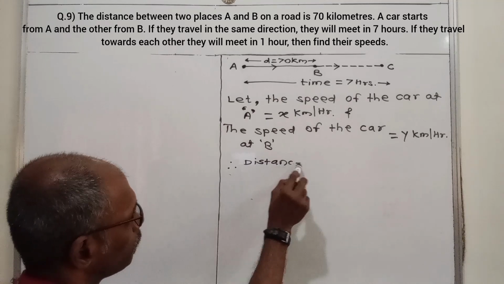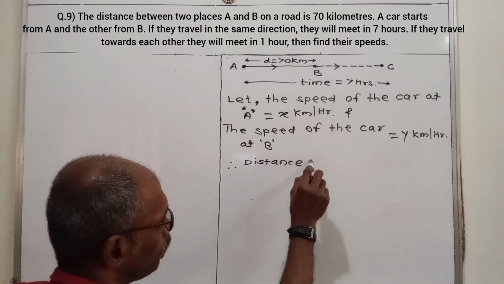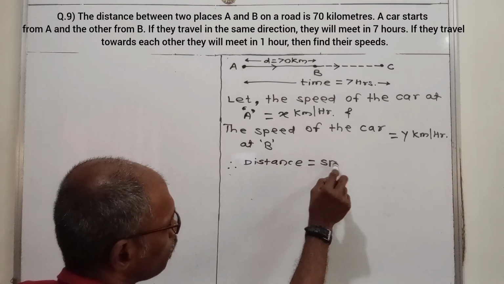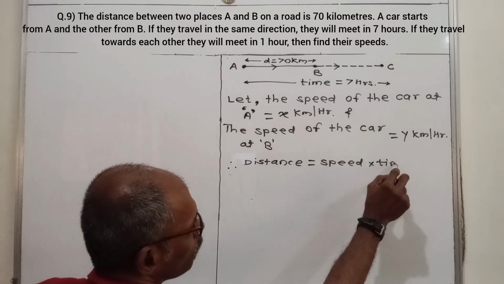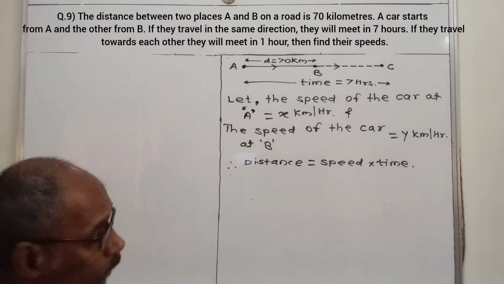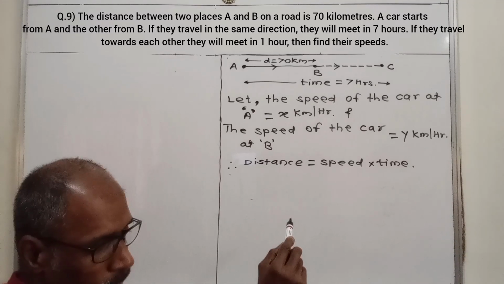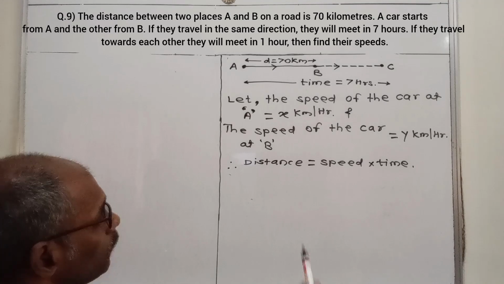Total distance covered is equal to speed into time. Now listen carefully. Distance is equal to speed into time.